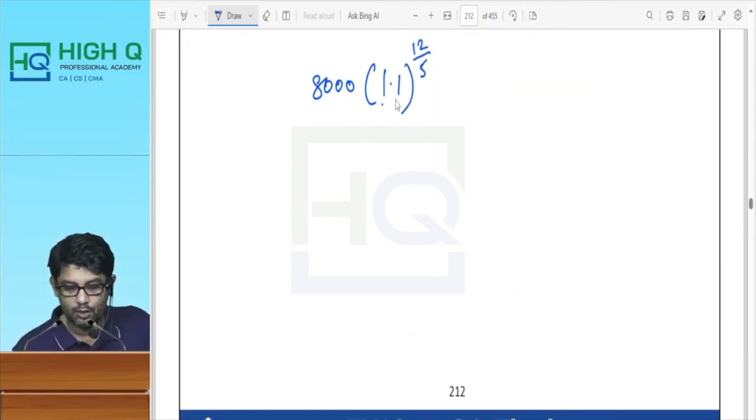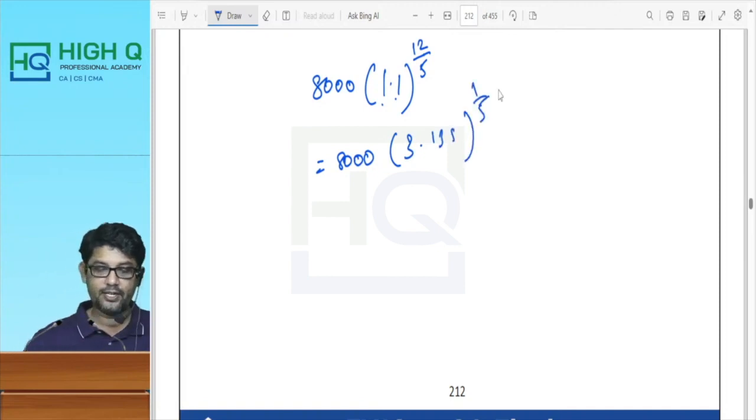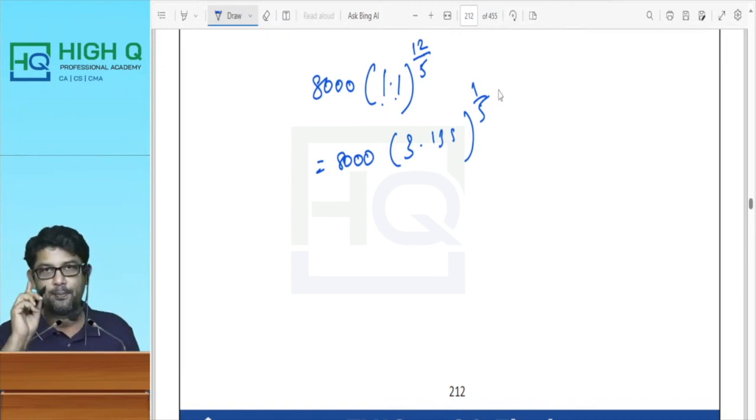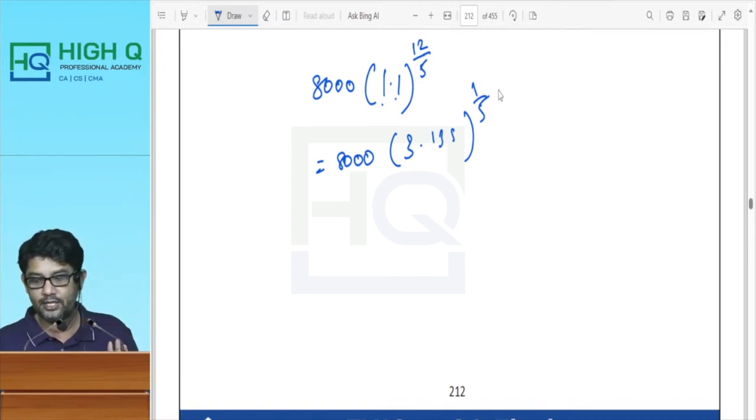I just found out 1.1 whole power 12 first. We got something like 3.138, whole power 1 by 5. Then we have to find out the fifth root. My dear, please remember one thing. To teach, I am just telling you. Otherwise, in the examination, this value has to be given. Then only you can do it.